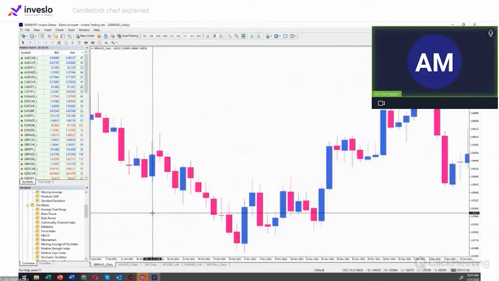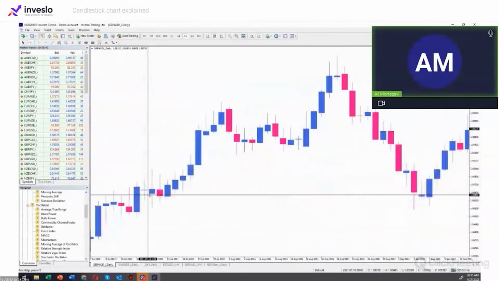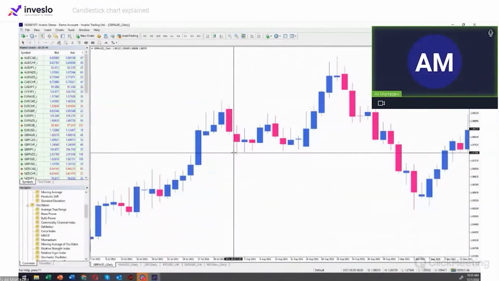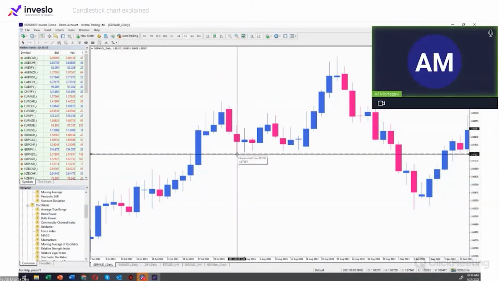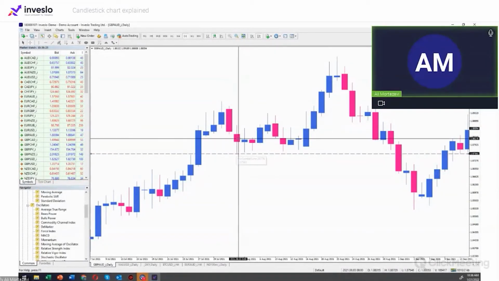On the other side, when we see the lower shadows, for example, here you see these lower shadows at this market bottom, known as a support level as well. When we see the lower shadow is longer than the upper shadow or the body, it means the bulls or buyers rejected the lower prices, and they try to keep control of the market.